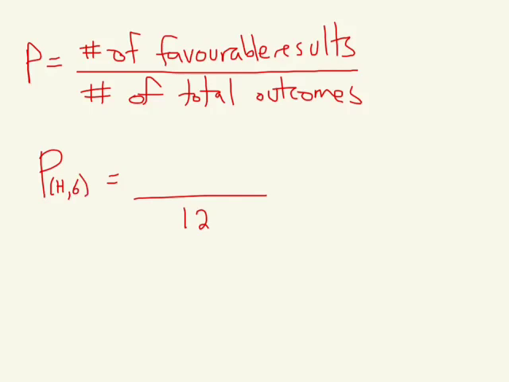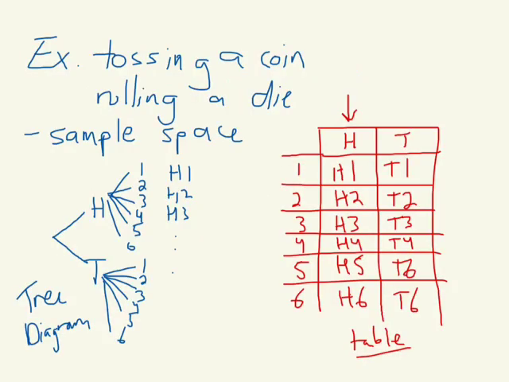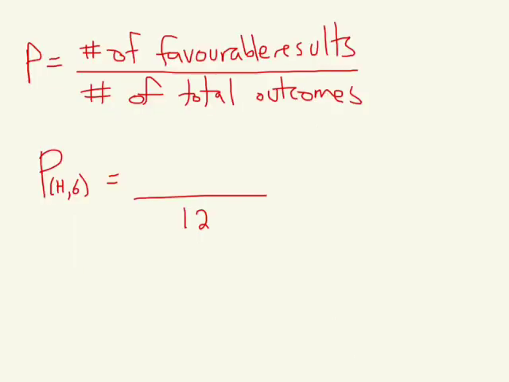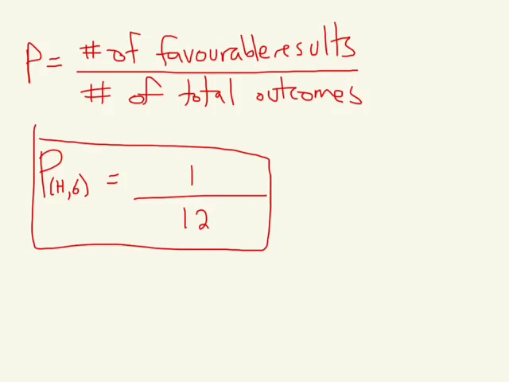If we went through and counted, there would only be one spot on the entire table that would satisfy that. That spot is called a favorable result, and we put a 1 there. So the probability of that happening would be 1 out of 12.